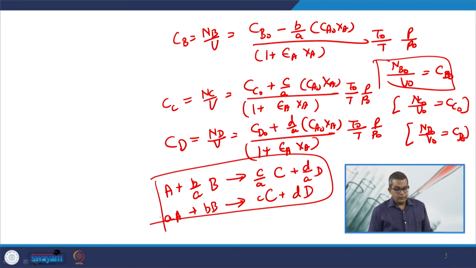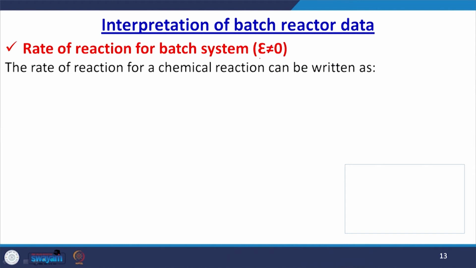Now, if I wish to predict the rate of reaction, in that case, usually epsilon is not equal to 0.